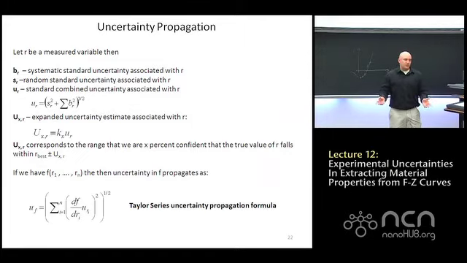So if I know capital U for the 95% confidence interval, that means I'm 95% certain that the true value of our measured variable lies within our best guess plus or minus capital U. If your sample size is large enough, that k term is 2 for the 95% confidence interval. If your sample size is smaller, you start dealing with distribution tables.